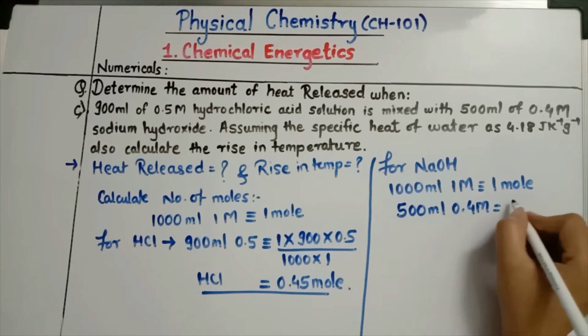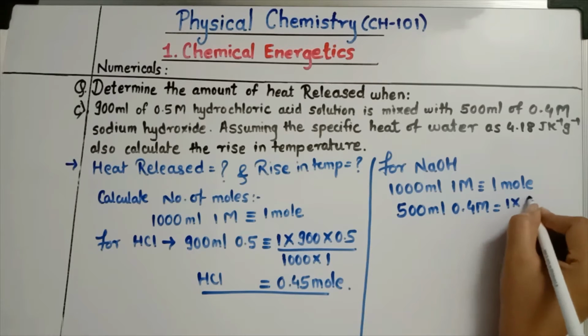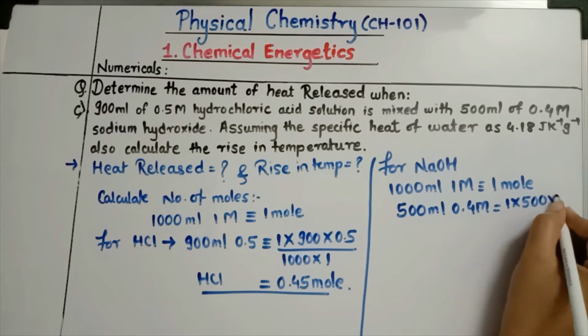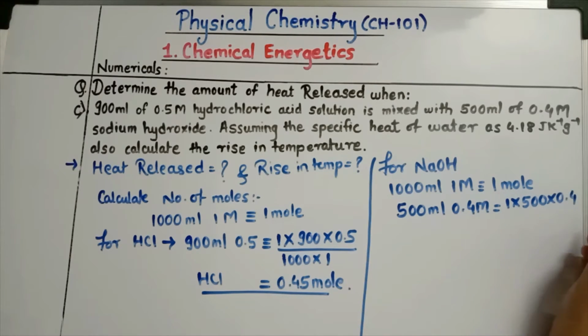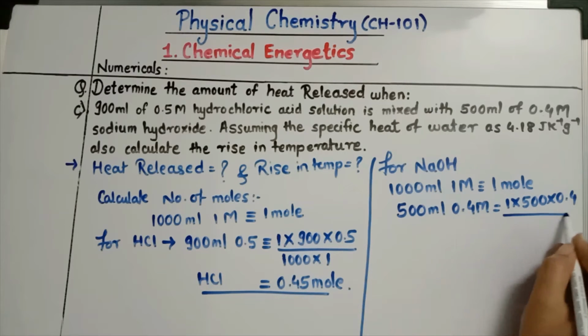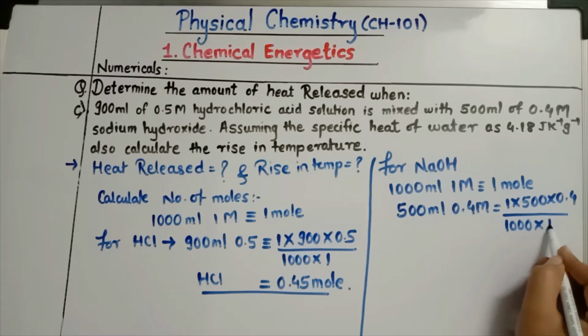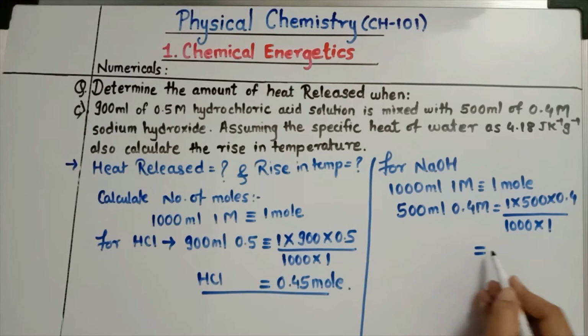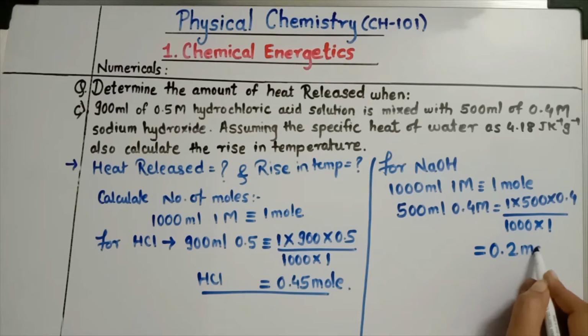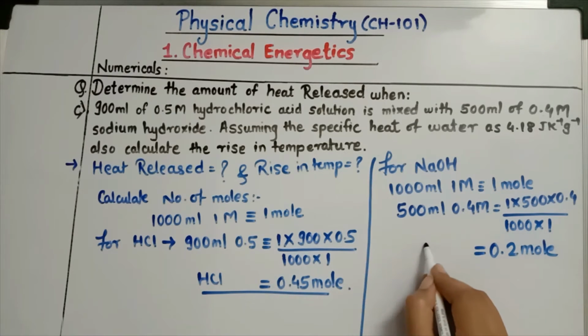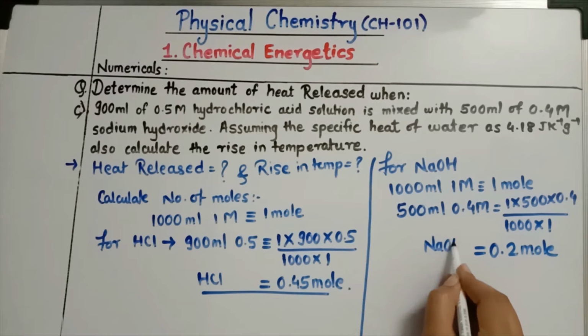So it will be equal to 1 into 500 into 0.4 upon 1000 into 1, and it comes to 0.2 mole. Now we have known the number of moles of the given solutions.